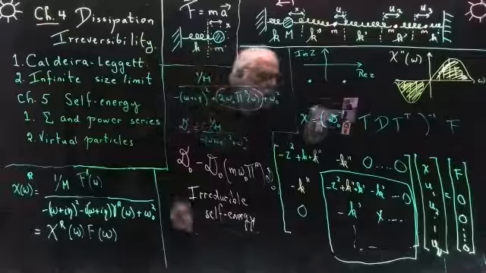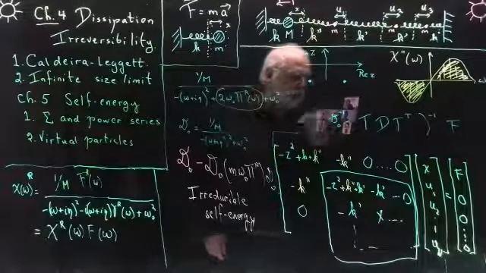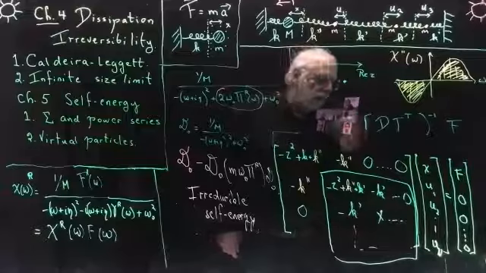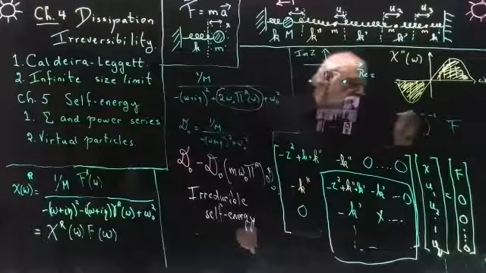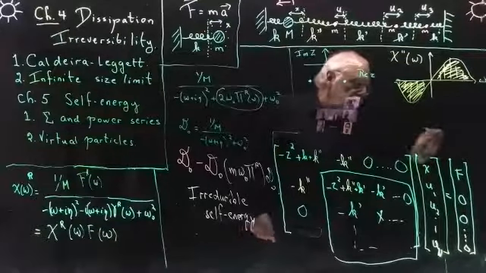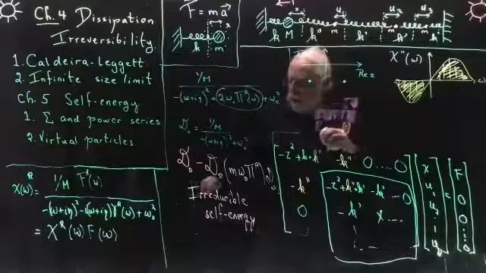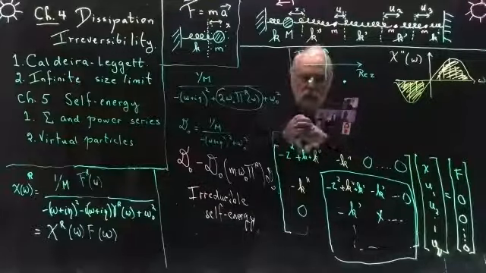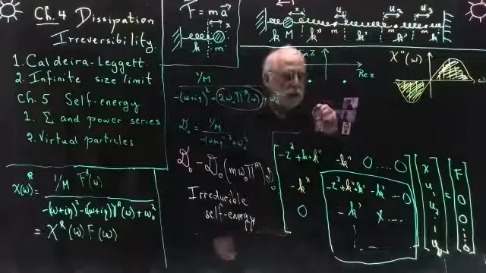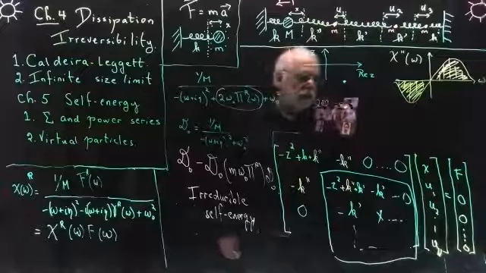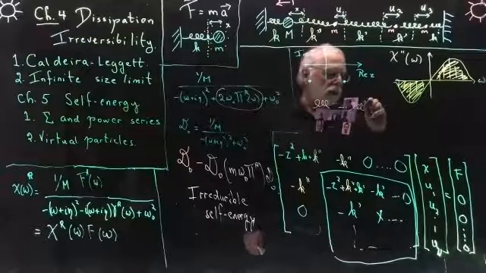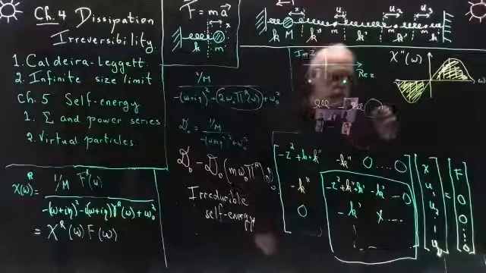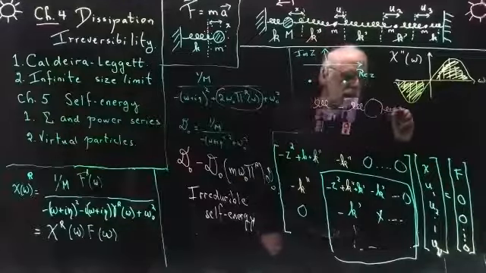So why is that? It's just because if I represent this by drawings, this D0 is this line, and then I get minus this line times a blob, which is this object, times this line.